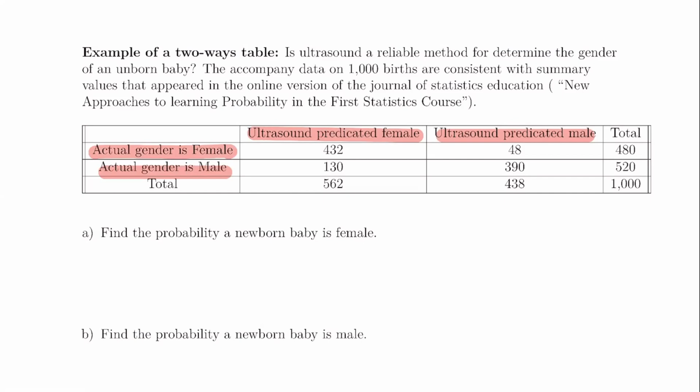For part A, it says find the probability a newborn baby is female. So it is asking us, what's the probability that this baby is female? For this one, should I divide by the total or is this a conditional probability?